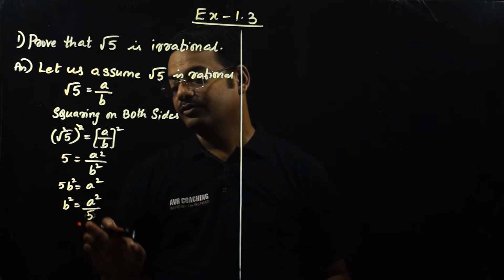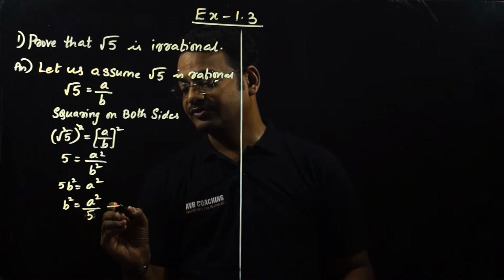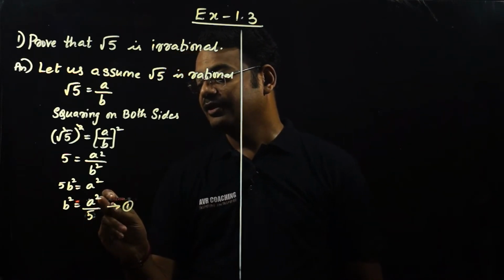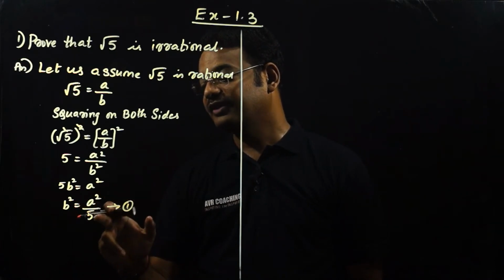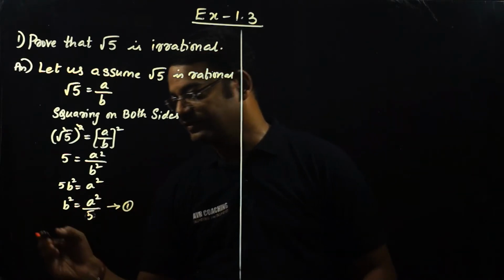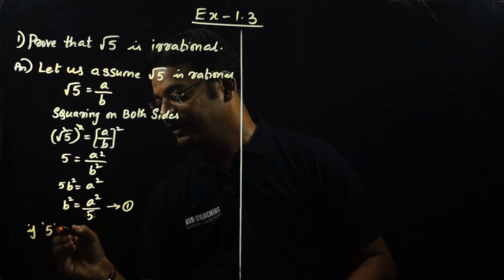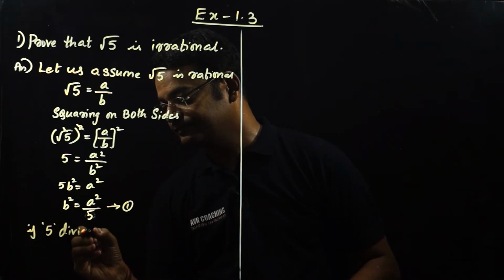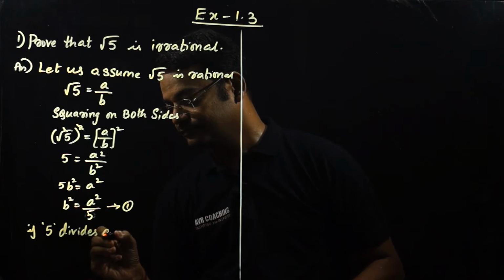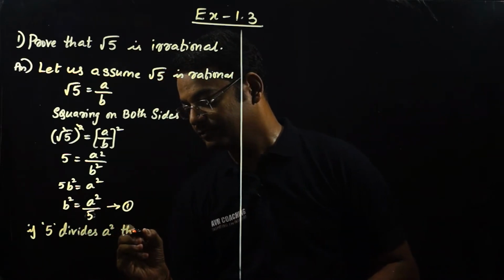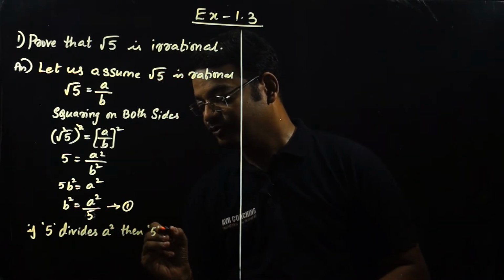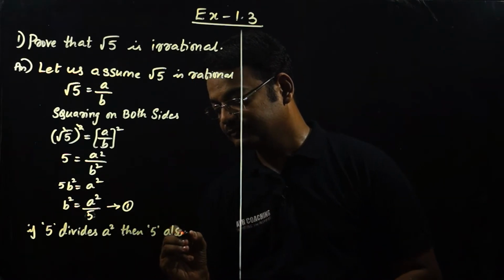So here we clearly understand from this equation 1 that 5 divides a square. If 5 divides a square, then 5 also divides a.